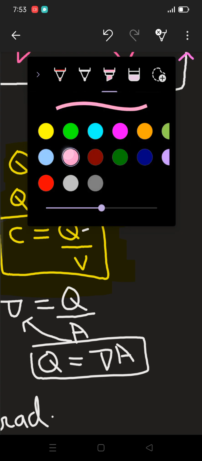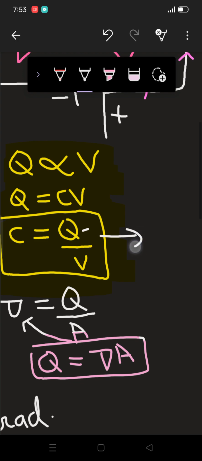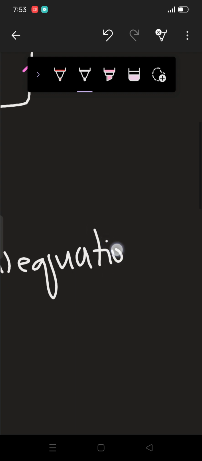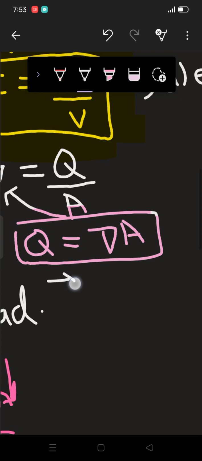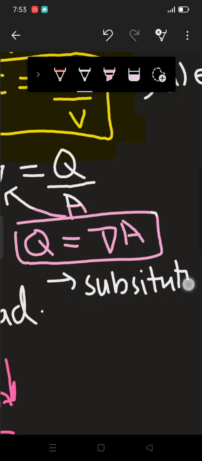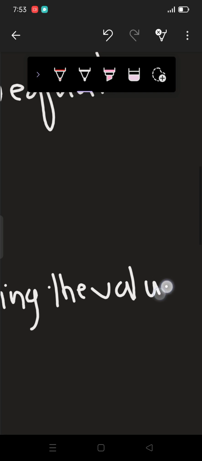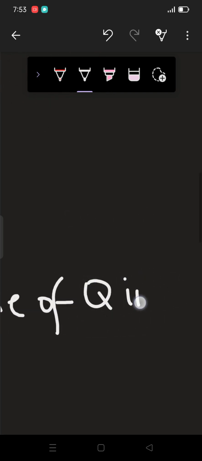Now this equation we will be substituting in our first equation. Let's suppose this is our equation number 1, right? This is equation number 1.